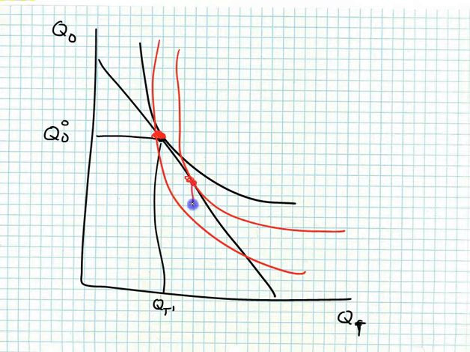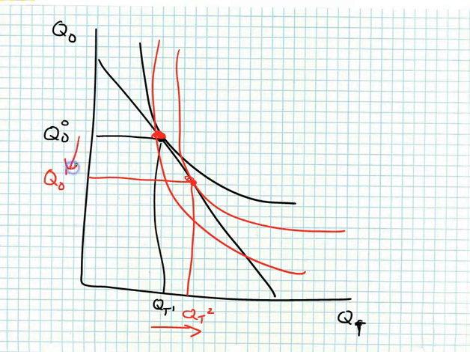And there you go. Q toy 2. We've increased in the new equilibrium our demand for toys and decreased our demand for other goods.